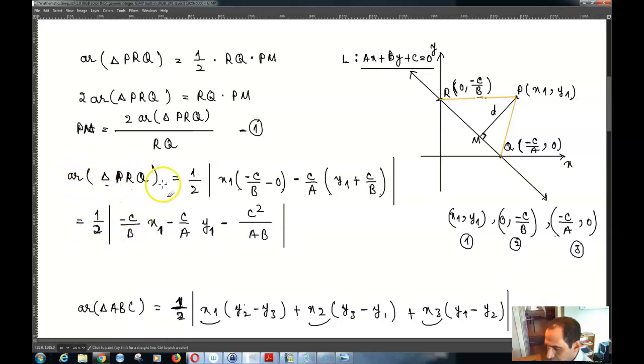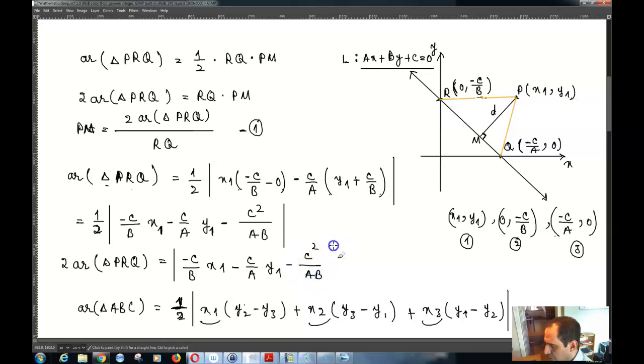So this was basically area of triangle PRQ is equal to 1/2 of this. So I can write basically 2 times area of triangle PRQ is equal to basically the absolute value of negative C by B, for example, times x1 minus C by A times y1 minus C squared by AB.